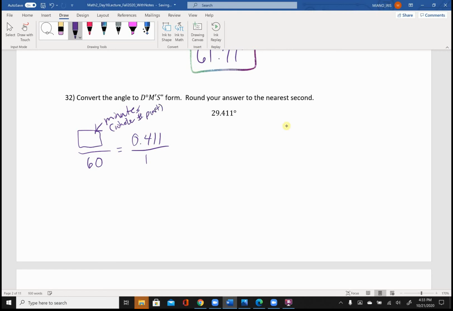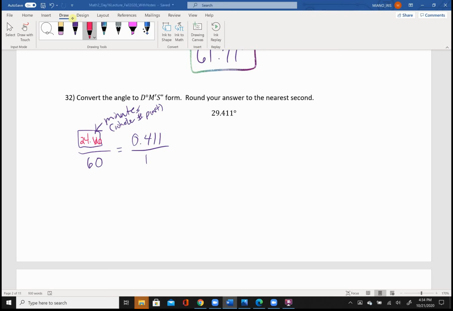Okay, so the way it works is you have your minutes here, you divide it by 60, and that's supposed to be associated with the decimal, and you want to put that over a 1 so that your proportion makes sense. So basically you do the cross product here, and you're going to find that the number that goes in this position is 24.66. Okay, so the 24 is going to be your minutes.